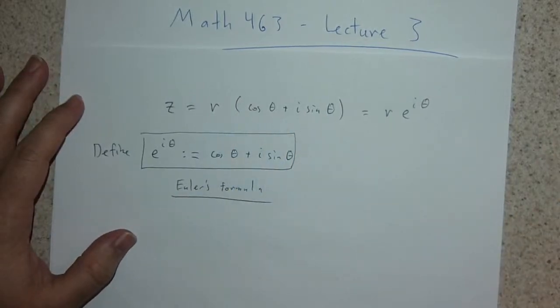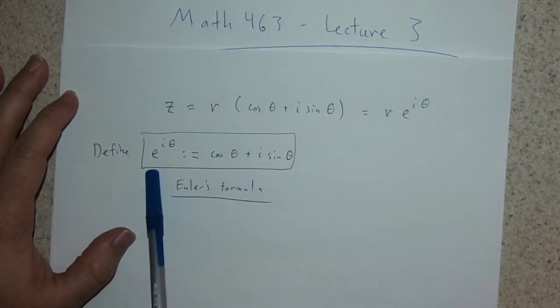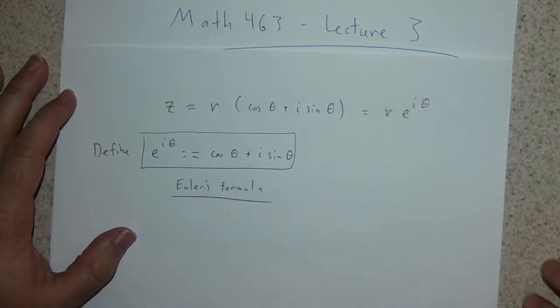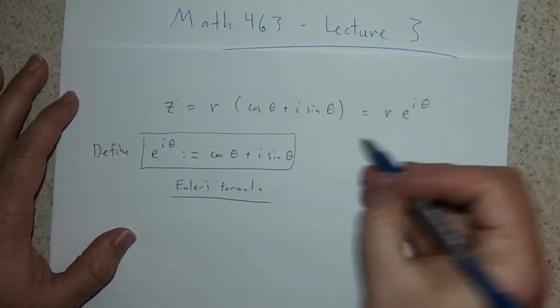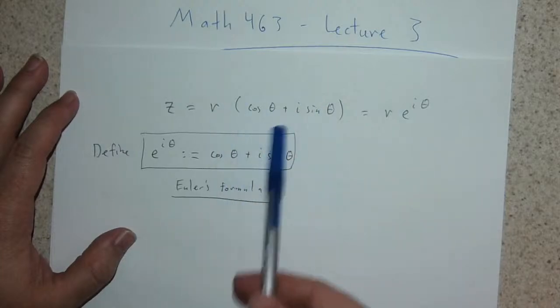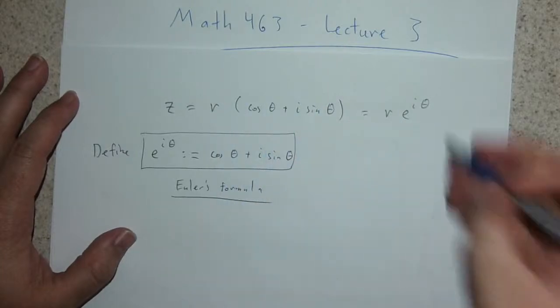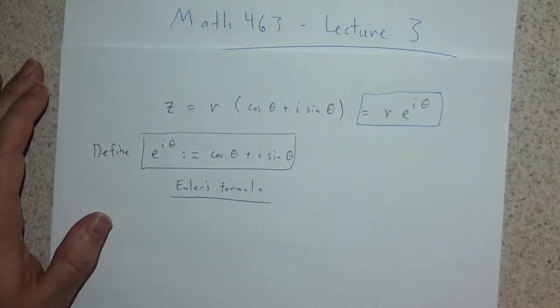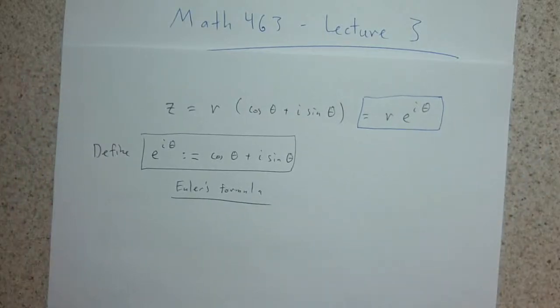So we wrote the complex number like this. And defining this symbol e to the i theta to be cosine theta plus i sine theta, I was able to rewrite this polar form into this exponential form, which turns out is going to be the thing actually of interest to me.